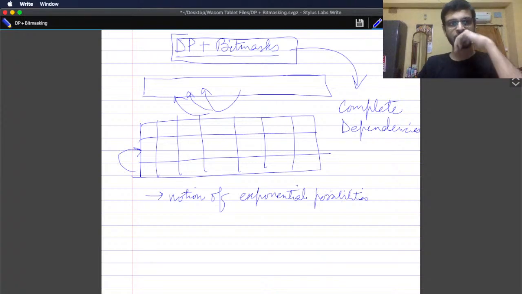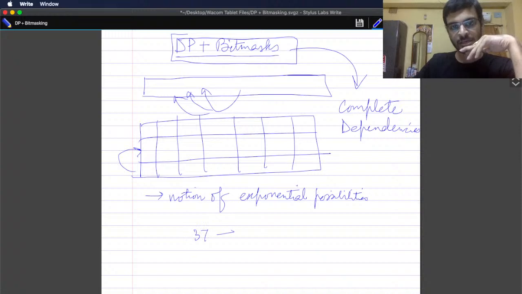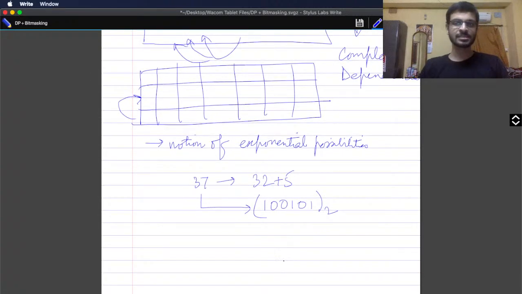But first of all, the idea of bits is necessary. Whenever we express a number, suppose 37, we can say 37 means it is 32 plus 5. So we can express this as 32, 16, 8, 4, 2 and 1. This is the representation of 37 in bitwise form, and what this indicates is how the powers of 2 are present.